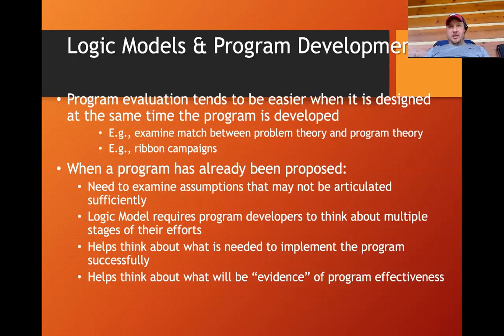But like I said, oftentimes I'm asked to do program evaluations after a program has already started. So when you're evaluating a program that's already in existence, you need to examine assumptions that may not already be articulated. So oftentimes when I'm asked to do a program evaluation, one of the first questions I ask is, well, what is it exactly that your program's supposed to do?